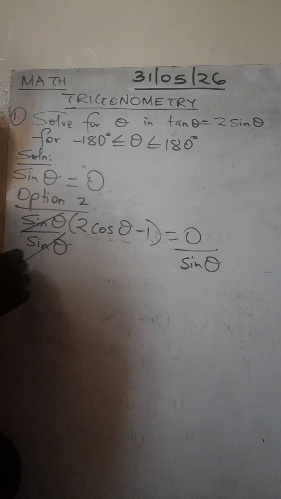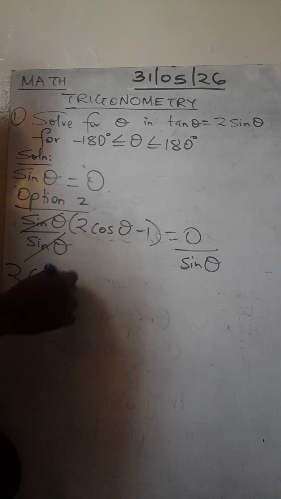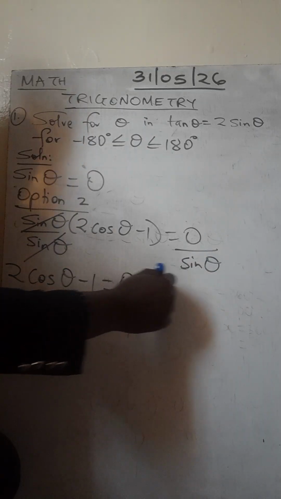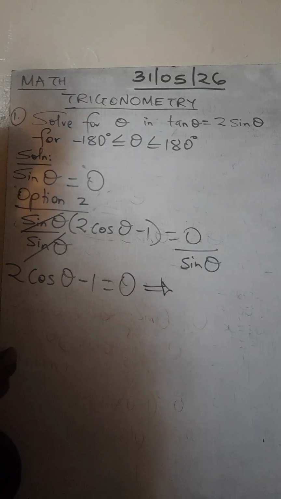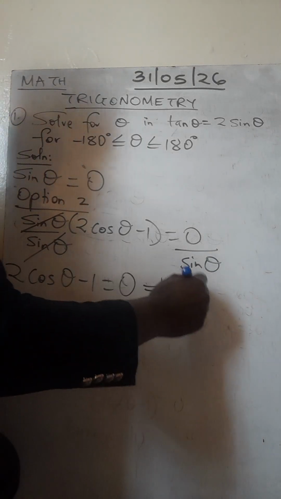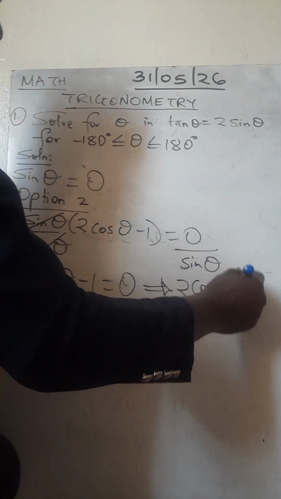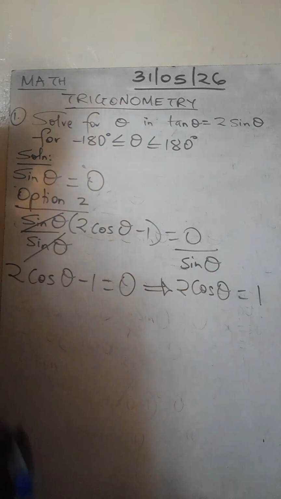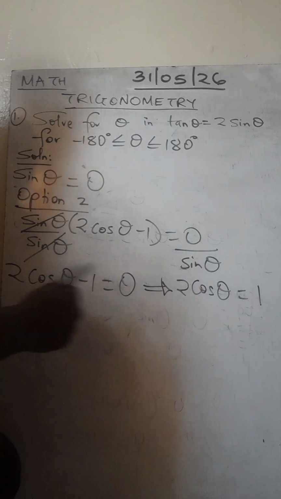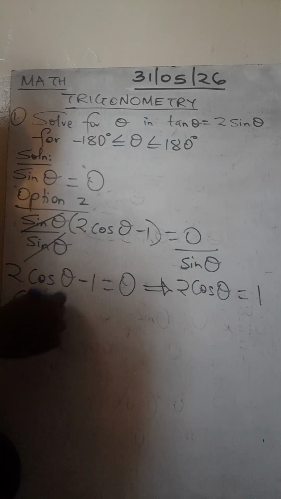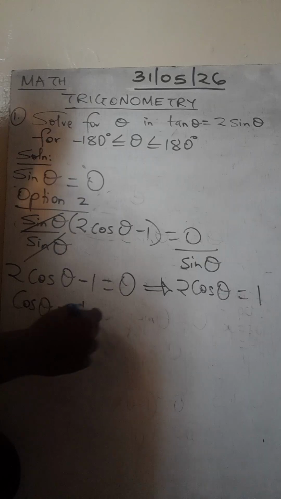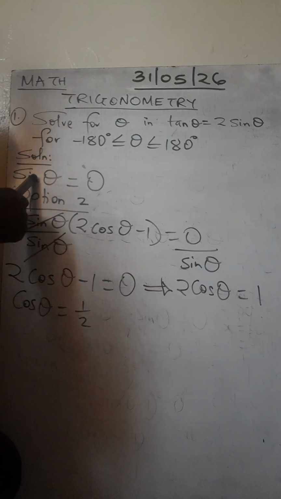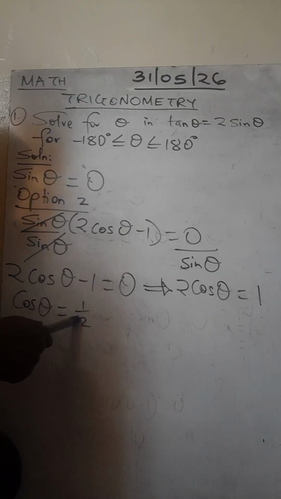Now you have 2 cos theta minus 1 is this divided by this, which is 0. So that means 2 cos theta equals, this one crosses this way to become positive 1. When you divide both sides by 2, cosine of theta will be a half, or 0.5. So we have those 2 options, either this or this.